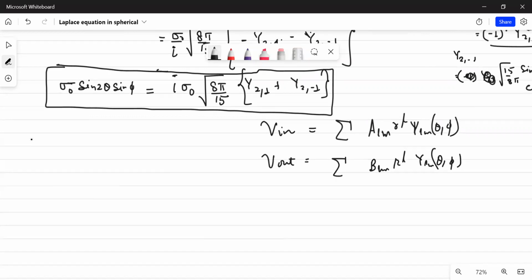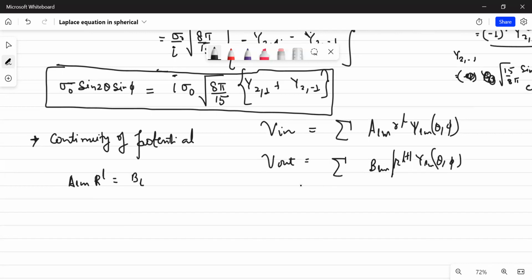So we'll use two conditions. The first, the continuity of potential at the boundary, which will give you that A_Lm r raised to power L should be equal to, sorry, divided by, B_Lm r to the power L plus 1. So in general, B_Lm is equal to A_Lm r to the power 2L plus 1.